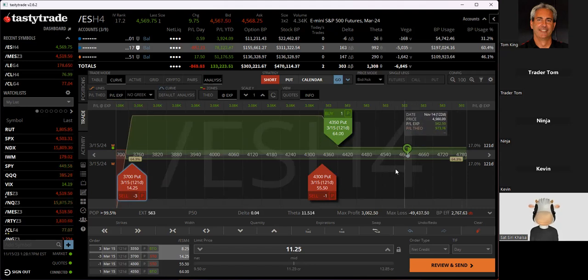My buying power is now 2,700. I'm making 563 using 2767, so I'm getting a full 20% in the tail. I'm using more buying power than I just was a moment ago, but my trap is much bigger.